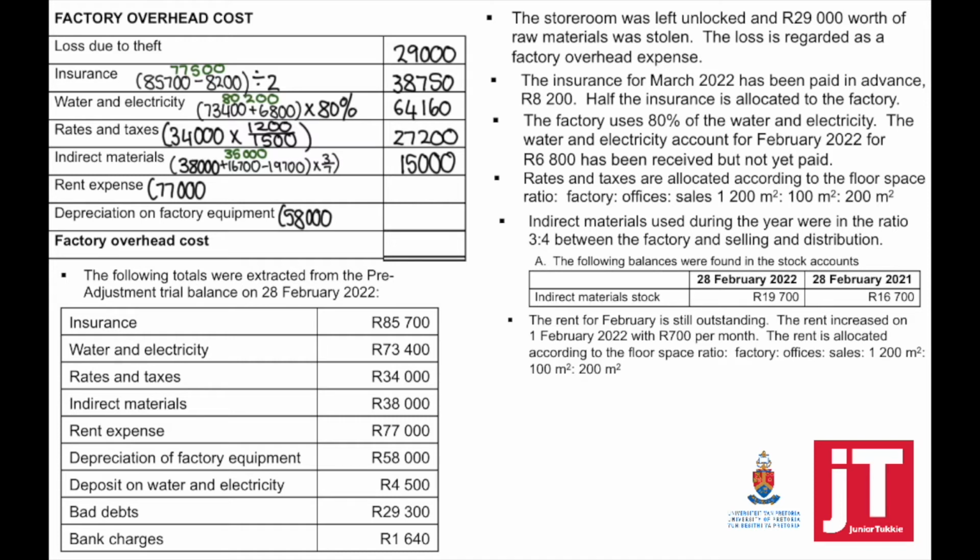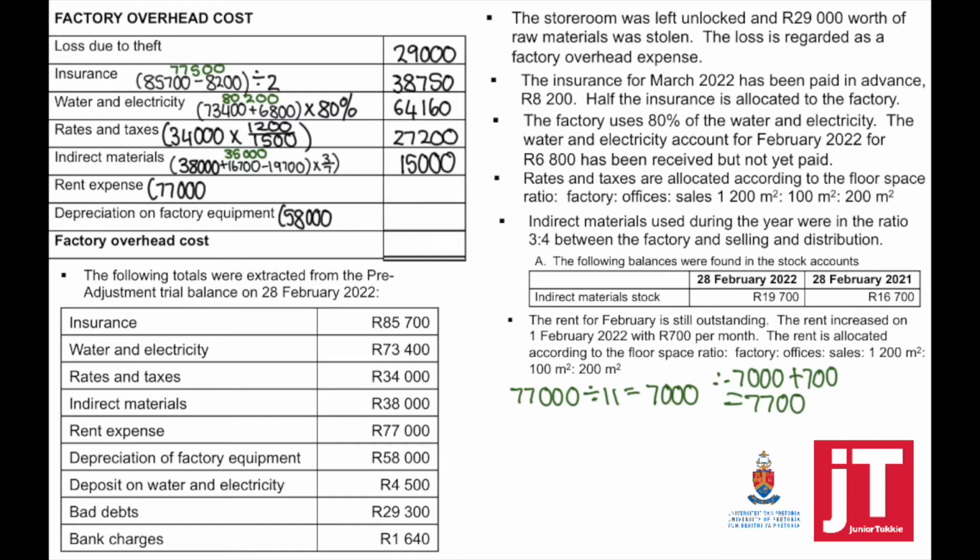The rent for February is still outstanding. The rent increased on 1 February 2022 with 700 per month. The rent is allocated according to the floor space ratio, so it's similar to the previous adjustment with regards to rates and taxes. So to find out the rent, whatever is outstanding must be added.